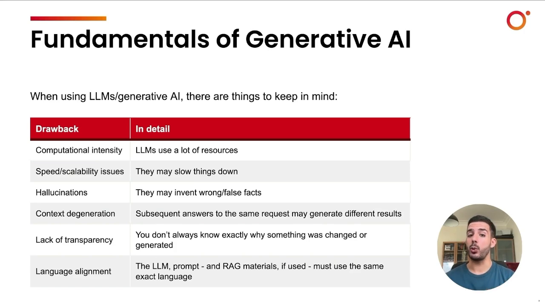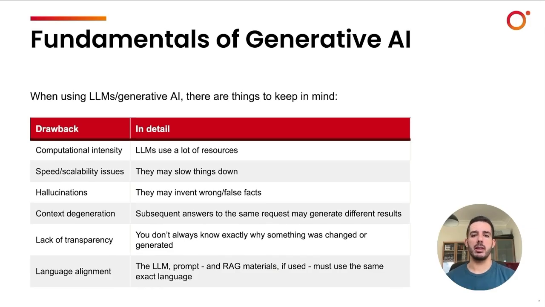But as soon as you want to integrate one of these LLMs in an automated pipeline, for example, a pipeline that automatically detects new data added to a repository, automatically identifies issues, performs remediation, and then dumps those data, as soon as it becomes automated, then the computational power becomes an issue. Or it may be the case where you can run the LLM, but you can't run it fast enough. So something that would be real time is not real time anymore, and that is not enough for your specific use case. Then speed and scalability issues.